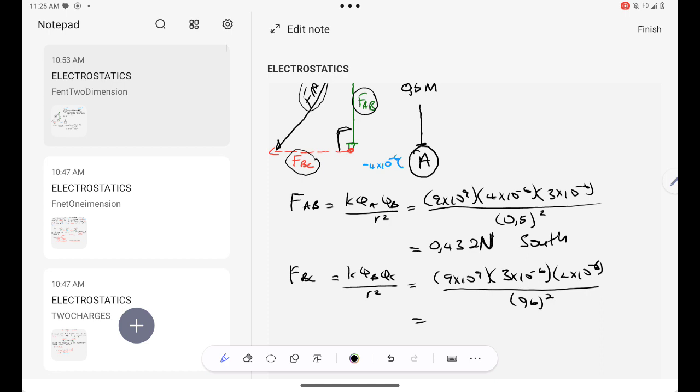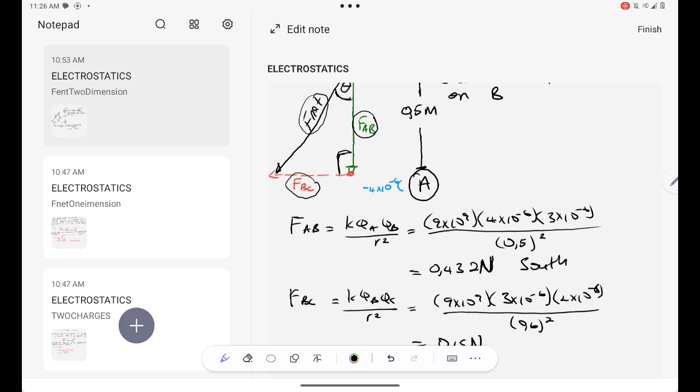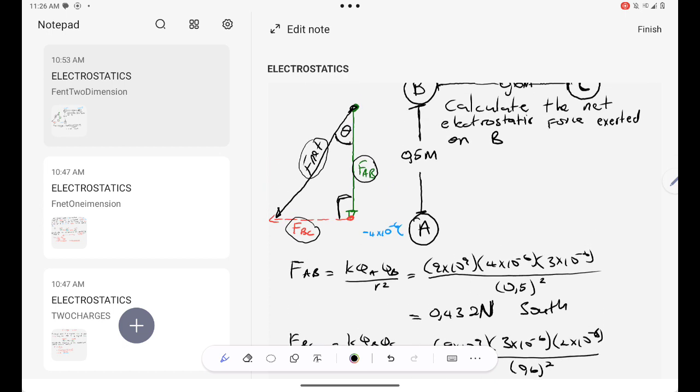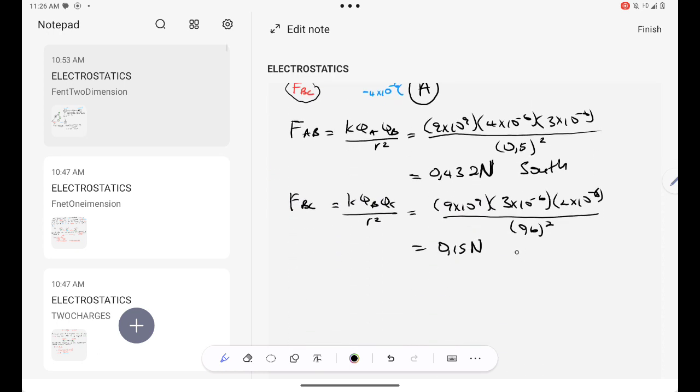And then that will give me 0.15 newtons. Are you together? So this force over here forces charge B to move towards the west, or towards the left. Are you together?